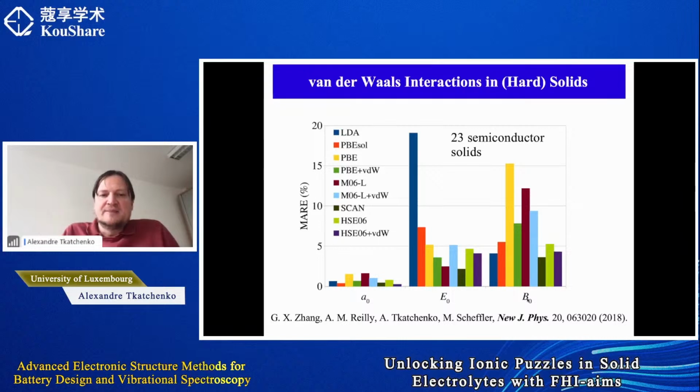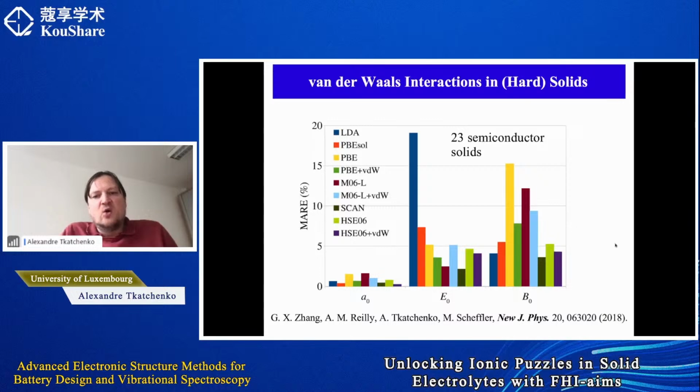And actually, this gives you always results which are much better than the PBEsol functional, for example, which is still widely used to describe solid properties. And it's actually on the same level of accuracy as the SCAN functional, which is, of course, much more sophisticated and more expensive, and actually still needs to be corrected for van der Waals interaction.